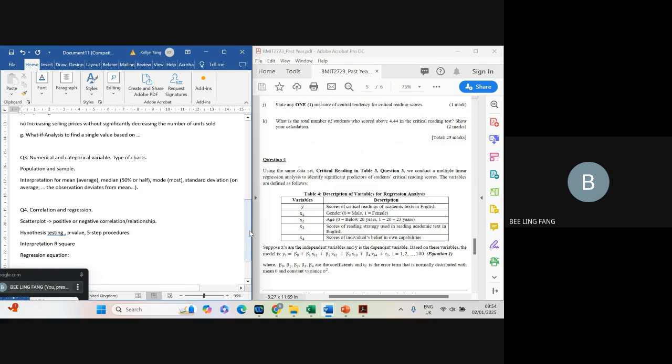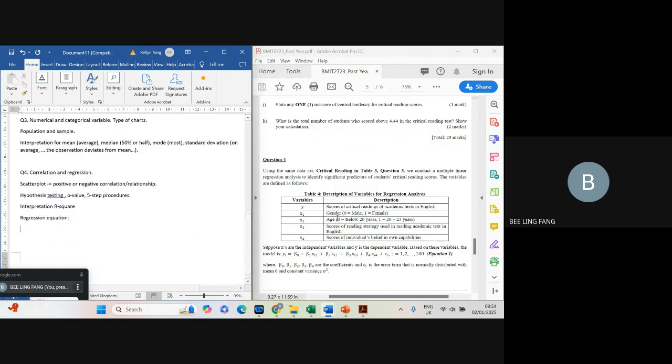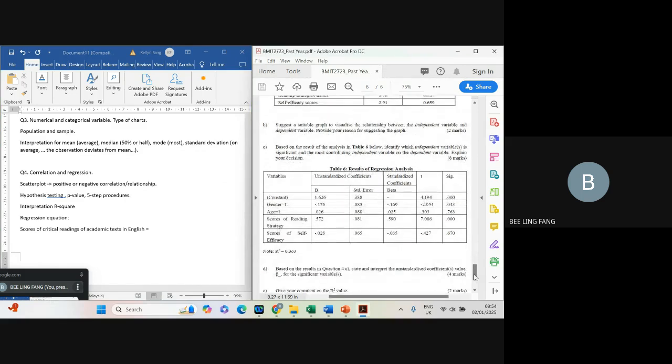Then copy. So it's equal to, write the equation, it is important. You must be able to write the equation.